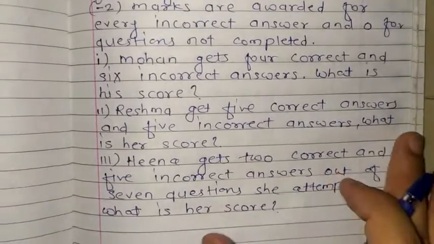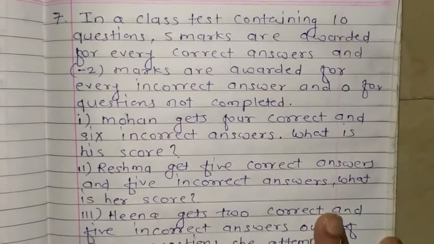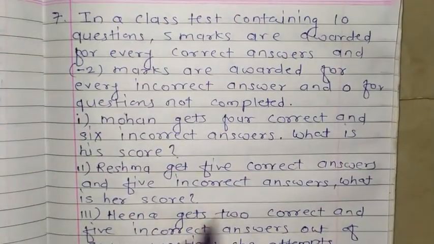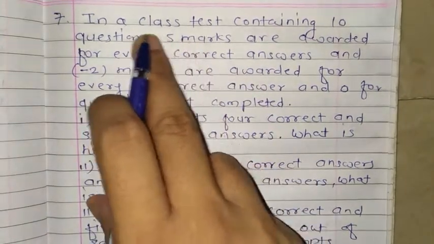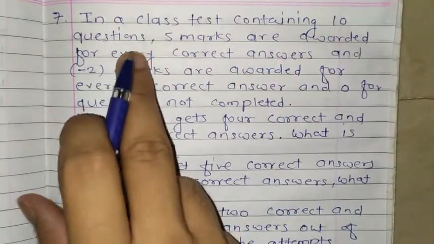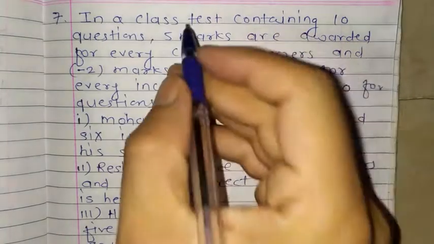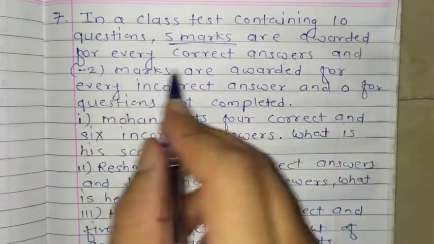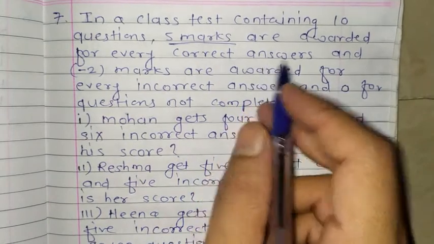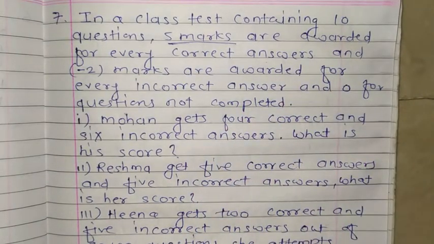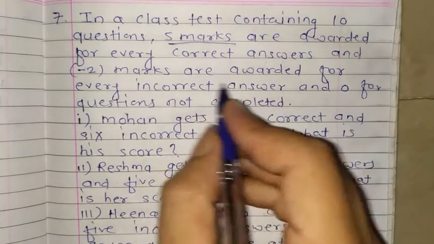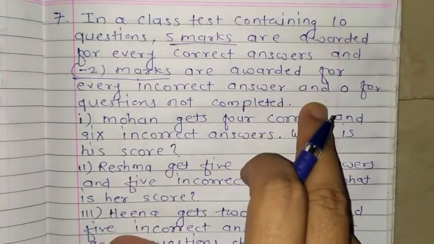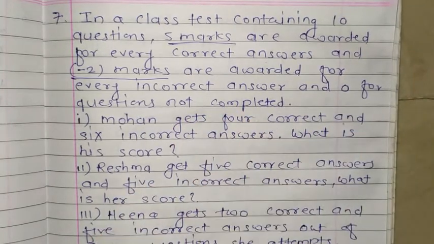Now we go for question number 7, quite bigger. So in this question we will note down the information. A test containing 10 questions, total 10 questions are there. Important information is 5 marks are awarded for a correct answer, which means if you get a correct answer we get 5 marks, minus 2 is for an incorrect answer, and 0 for a question not completed.